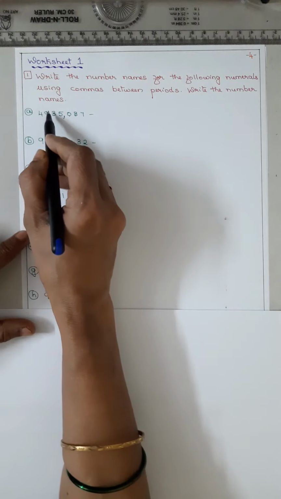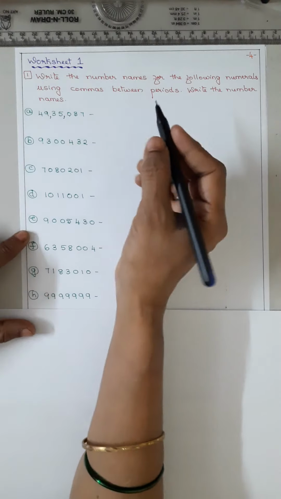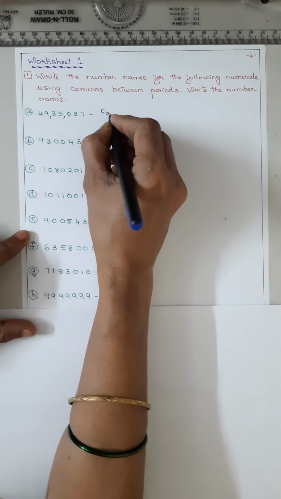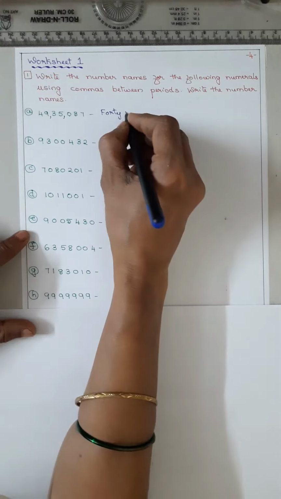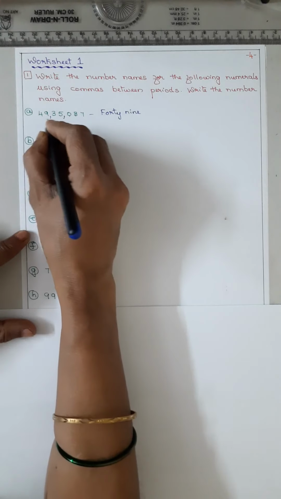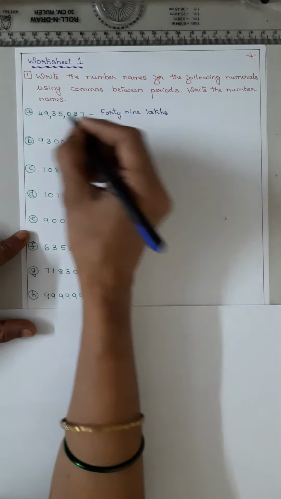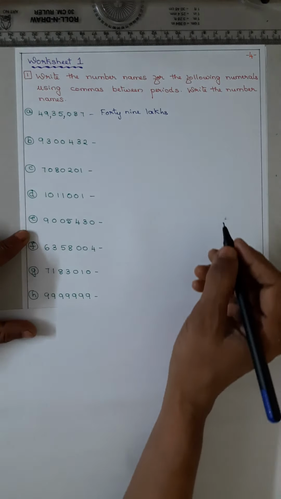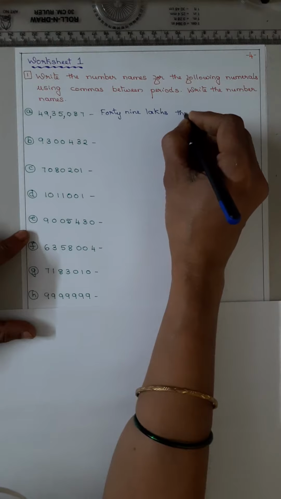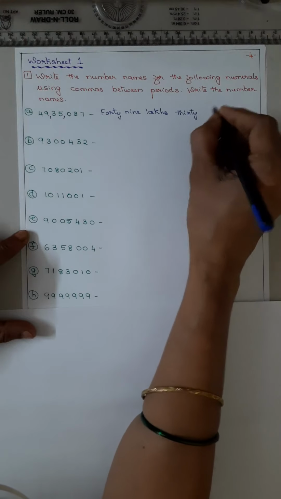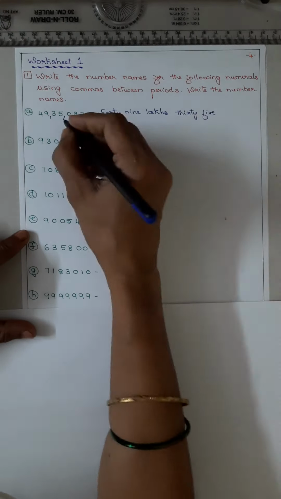So this together, it is 49. 39. Now which period is it? That is the lakhs. Now 35. Together you have to tell 35. Which period?